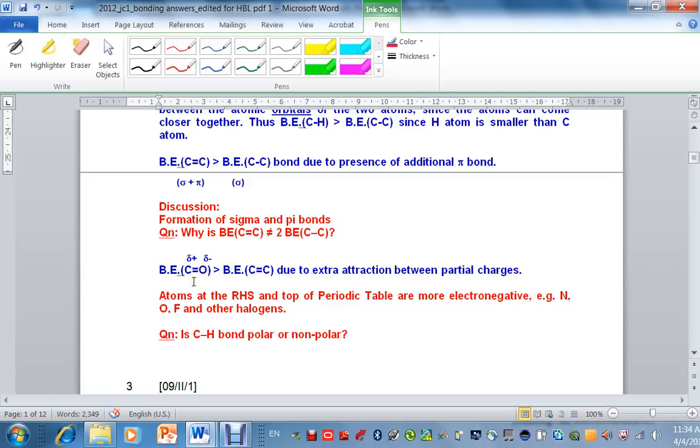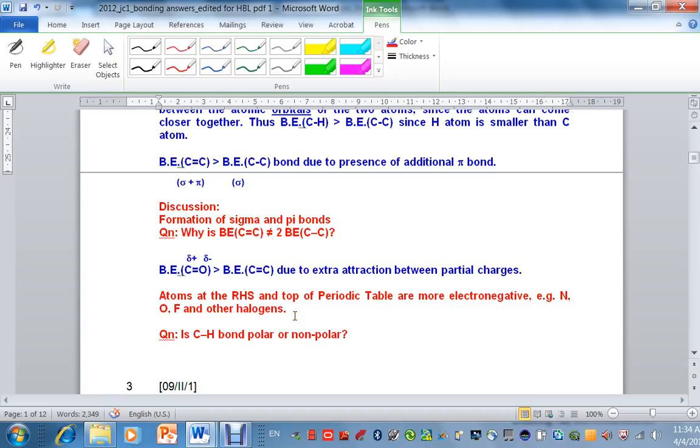So there's now extra attraction between the delta plus and the delta minus. That's why a polar bond will be stronger than a non-polar bond. If you look at the C=C double bond, both are carbon atoms, so definitely there's no difference in electronegativity, so you don't have delta plus, delta minus.